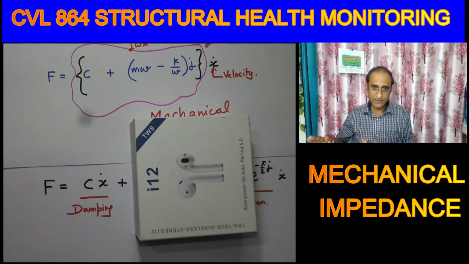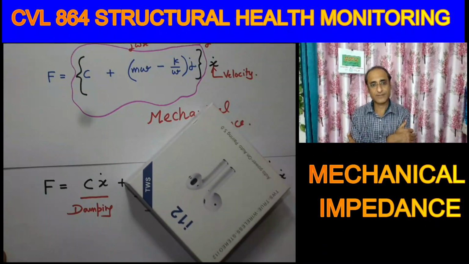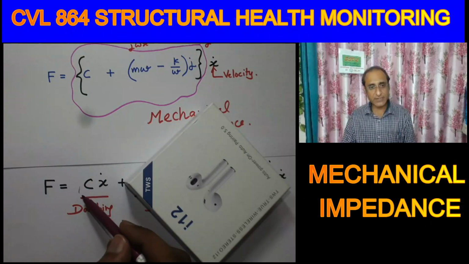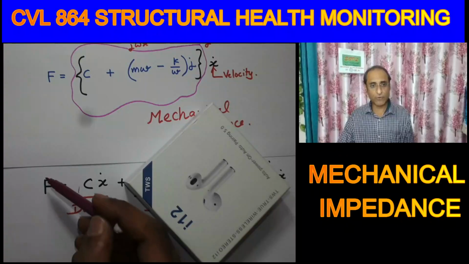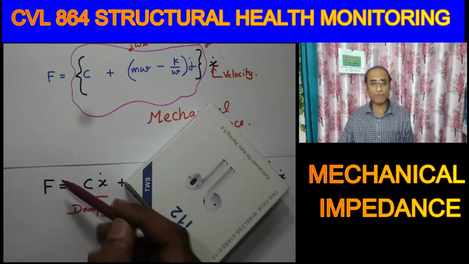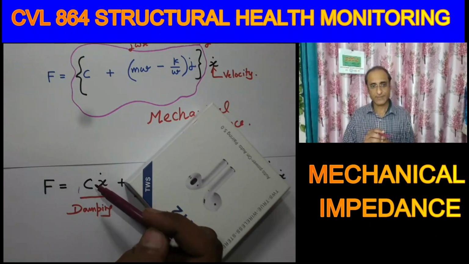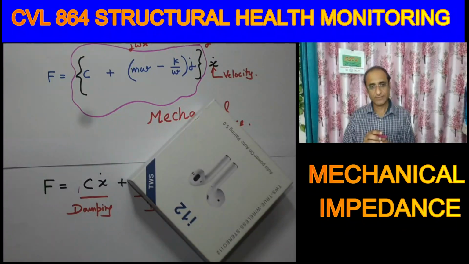Can I say? Yes or no? Because here we don't have a complex number, we have a real term C. So whatever is the phase of the force, same will be the phase of the velocity. Right?